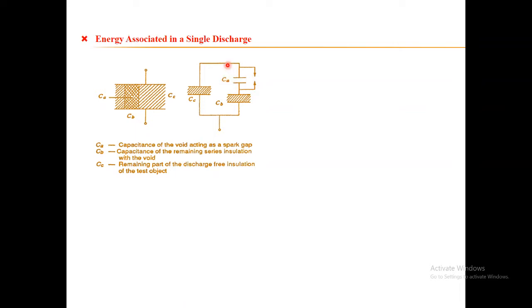But when the voltage across the cavity becomes equal to its breakdown voltage value, due to the occurrence of a spark between the two sides of the cavity, it acts as a closed switch. So during the abnormal condition this switch is closed, and during the normal condition this switch is assumed to be open circuit. It means there is no discharge activity.